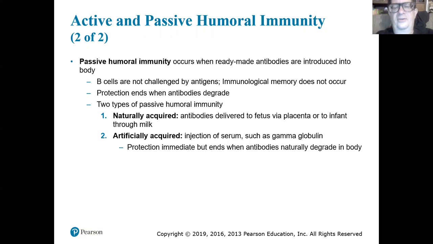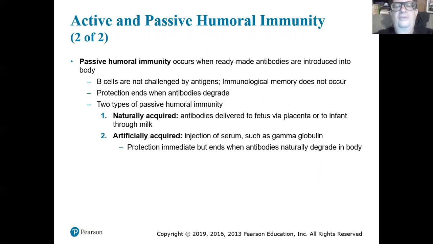Okay, this is the example that they're talking about right there. Naturally acquired. You've heard people say, "Oh, well, mama's milk is really good for the baby." No, mom's milk, especially the colostrum, right before nursing starts, near the end of pregnancy.